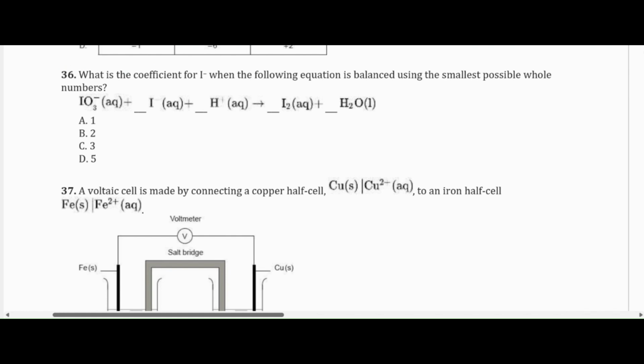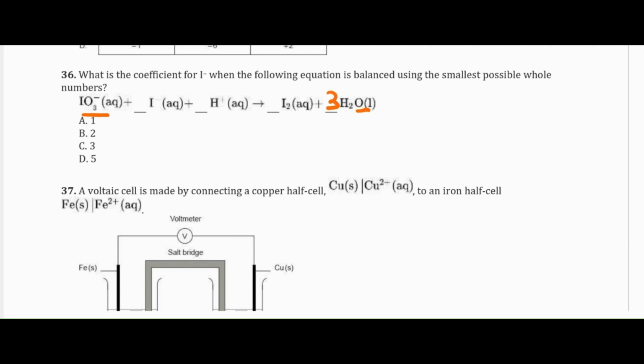36. What is the coefficient for the iodide ion when the following equation is balanced, using the smallest possible whole numbers? Right, so looking at the iodine first, there's 2 on the left-hand side, 2 on the right, so that's fine. What about the oxygens? We've got 3 here, but only 1 there.